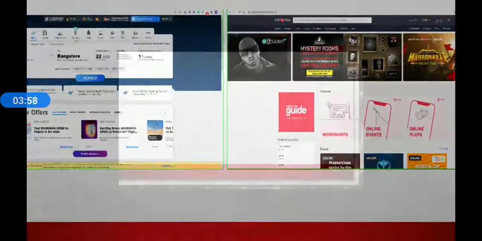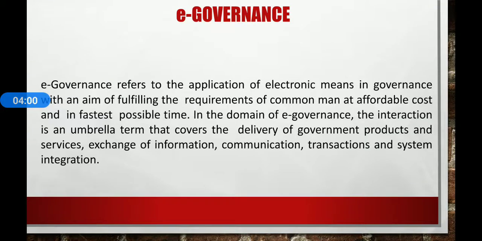Now let's discuss e-governance. E-governance refers to the application of electronic means in governance with the aim of fulfilling the requirements of the common man at affordable cost and in the fastest possible time.